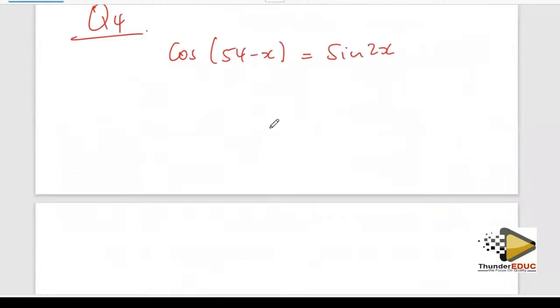So what I can say is that when I look at cos, I can write a cos in terms of sine using the 90. So I'm going to say sine of 90 minus the 54 minus x, because sine does not discriminate the signs, is going to be the same as sine 2x.